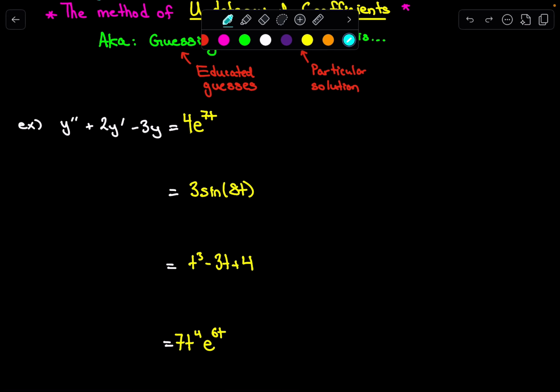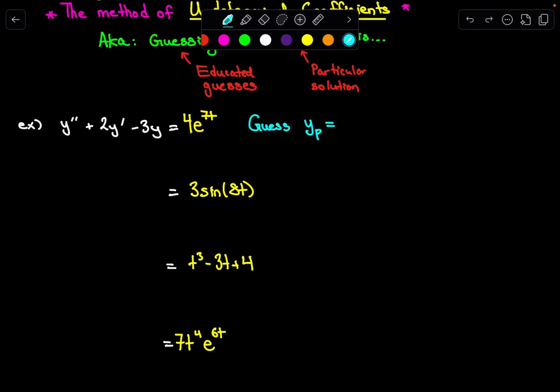Just like with the homogeneous version, we are going to make educated guesses as to what our solution is, and we are going to guess that our particular solution, which I'm going to denote y sub p, is going to look something like this function.